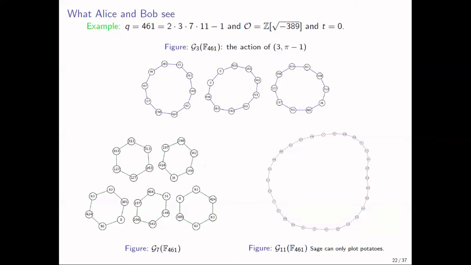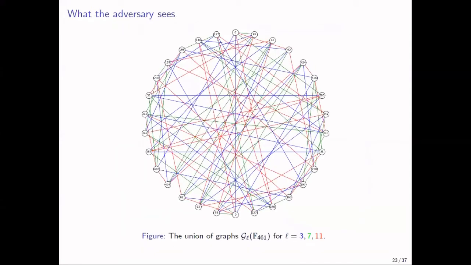But if somebody wants to figure out what exactly you did, this is what they will see. They will not know which steps you exactly took. And moreover, depending on which isogeny you take, it might take you to a completely different place in the graph. So if you start, say, at 127, you take the 7-isogeny, which is in green, you end up here. If you take a red isogeny, you end up here. And it's almost impossible to figure out which way you went. Okay, so this is just a visualization of what the security relies on.